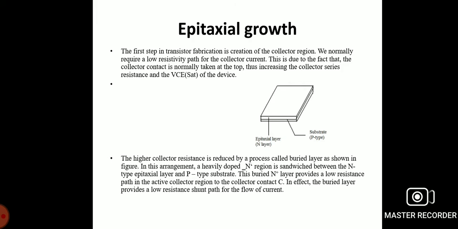In this arrangement, a heavily doped N region is sandwiched between the N-type epitaxial layer and the P-type substrate. This buried N layer provides the low resistance path in the active collector region to the collector contact. In effect, the buried layer provides a low resistance shunt path for the flow of current.